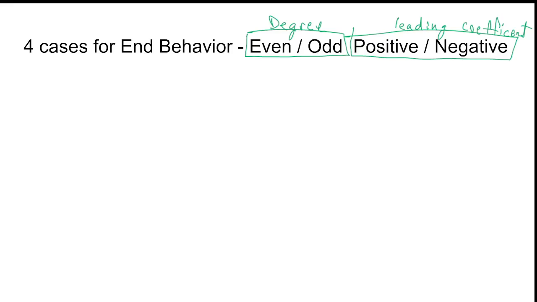And so case number 1, even and odd. So let's go with the evens first. Let's say we have an even degree. So that's 2, 4, 6, 8, and so forth. Whenever we have an even degree, it's going to behave like a parabola, like a quadratic, which we just talked about.